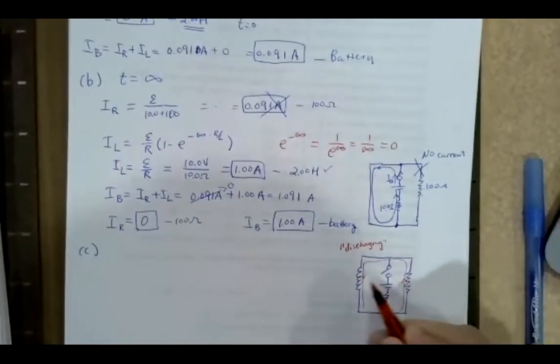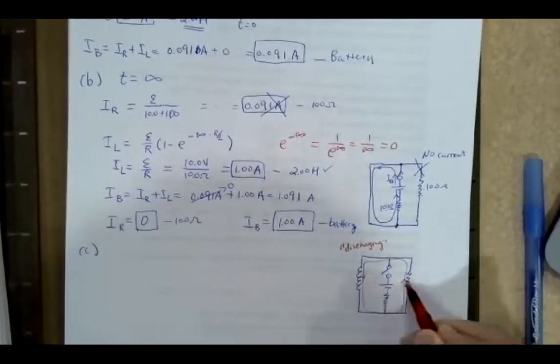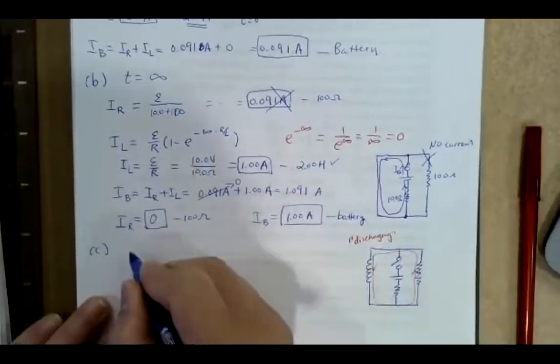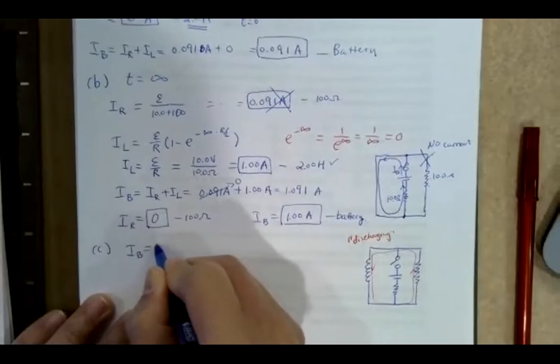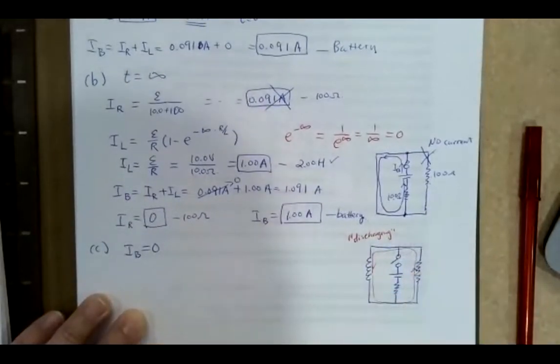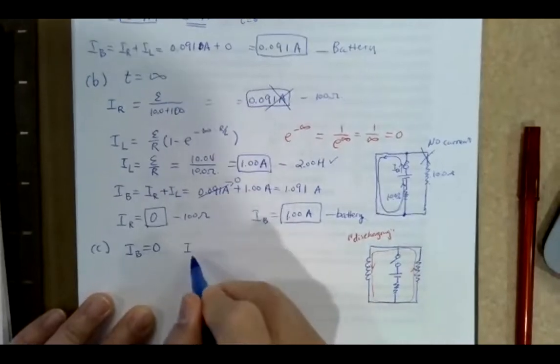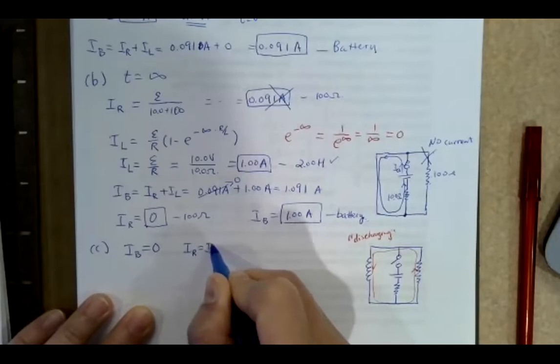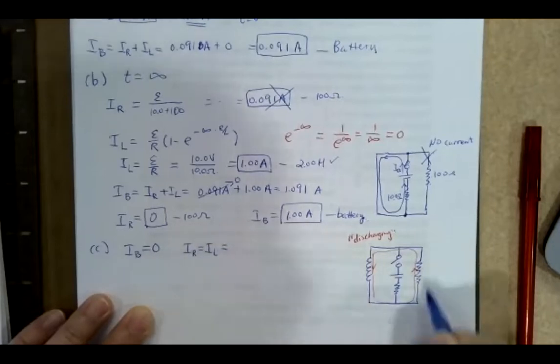Now these two are in series with each other. So it shows clearly there will be no current going through the battery because the battery is cut off from the circuit. But I on the resistor will be the same as the I on the inductor because they are in series now.